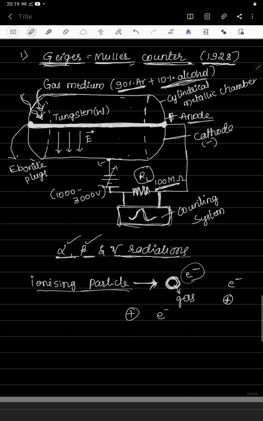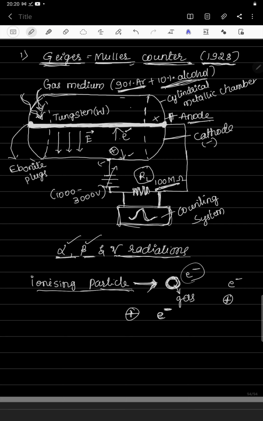When an ionizing particle enters this tube, there will be ionization, and because of that, a positive ion and an electron are produced. Because the tube is connected to a very high tension battery, the electrons are attracted towards the anode, which is the tungsten wire, and the positive ions created during the ionization are attracted towards the cathode.